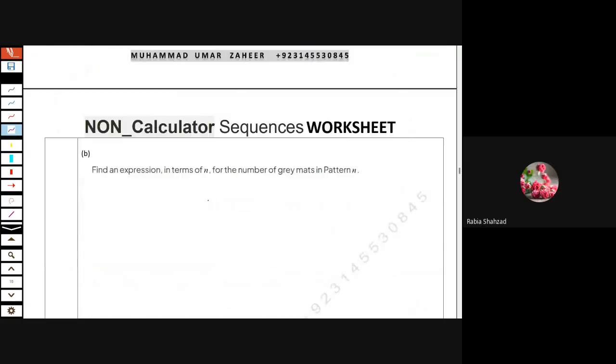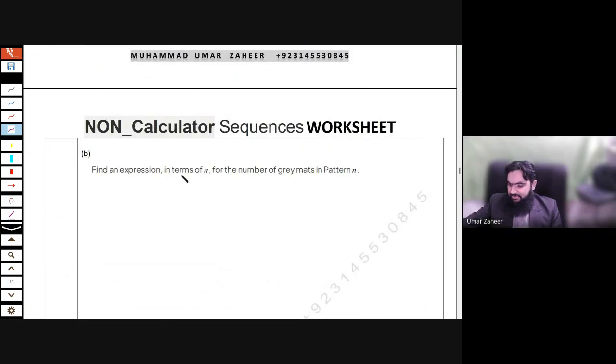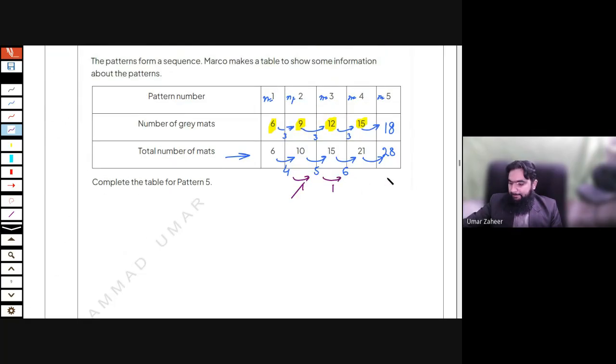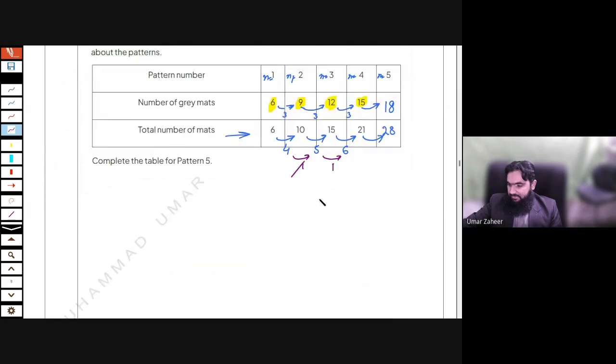Yes sir. But he says to find an expression in terms of n for the number of gray mats in the pattern. We have to find the nth term.